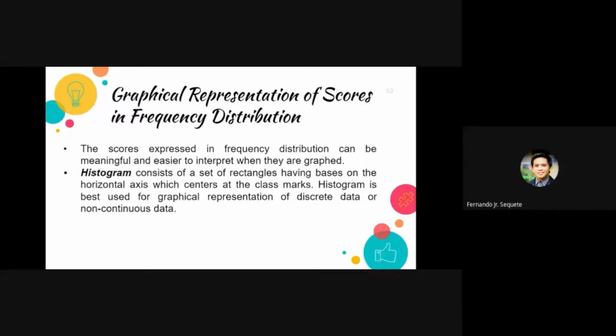You have four ball pens, for example. You have three color pens. So those are discrete data or non-continuous data. So your histogram is best for representing discrete data or non-continuous data. Please take note of that or highlight it.